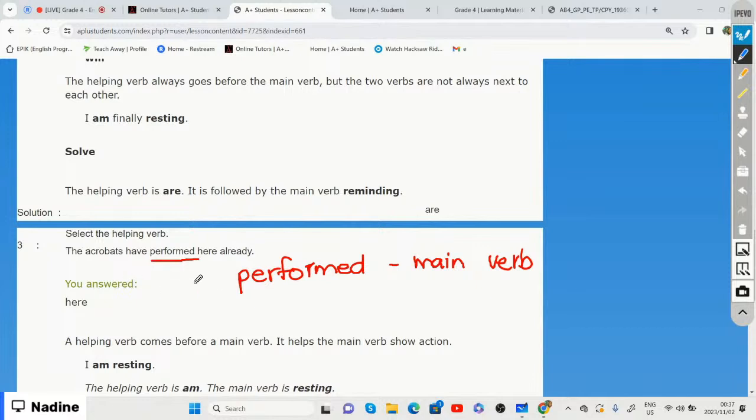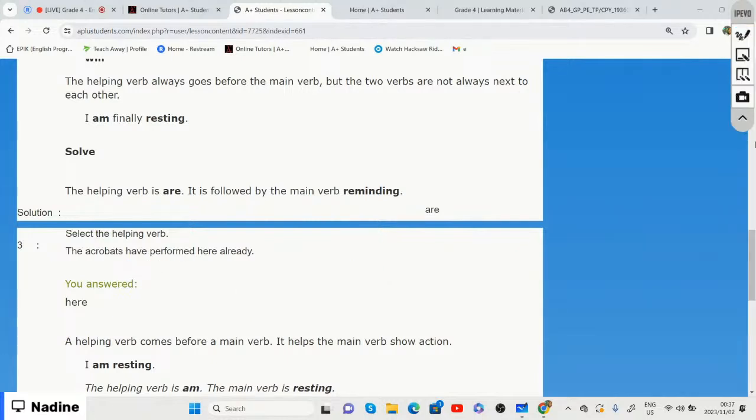If we identify the helping verb, then it will be have. So the acrobats have performed here already, and have is the helping verb. So there we have selected the main verb as well as the helping verb. Remember, we are trying to just help each other along the way. That is why we have the tutorial lessons: to encourage and to help and assist one another.